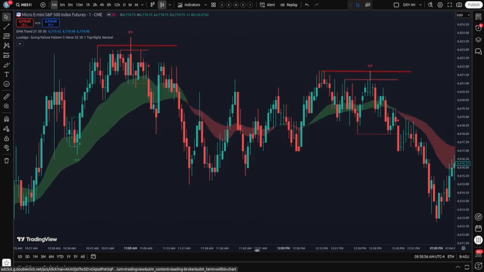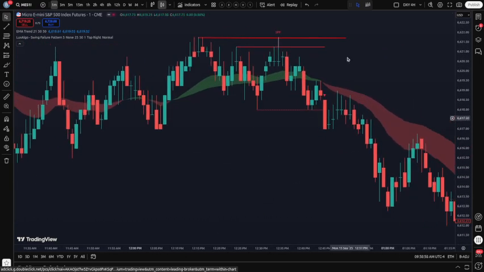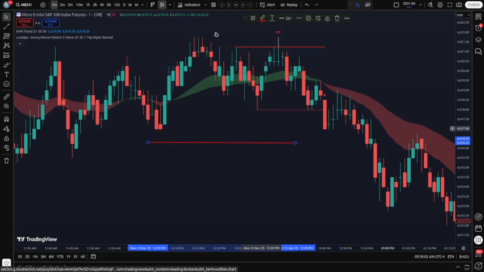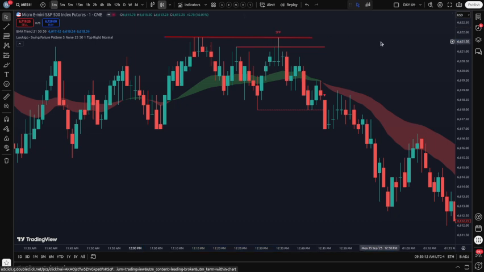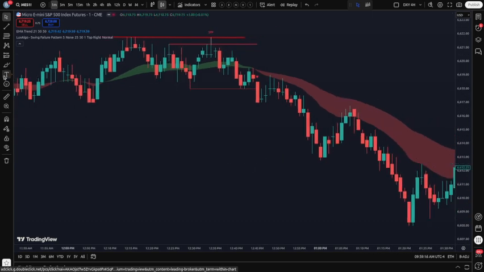So what do you do here? The indicator is not calling this out as a swing above here, but I think it is. Maybe by one tick. I would take this. So we're going to take this as 2-to-1. And we're going to label that 2.